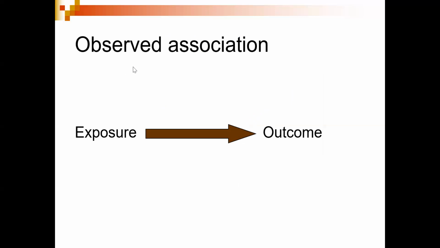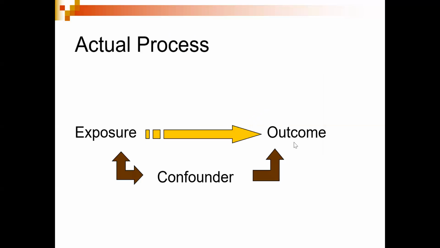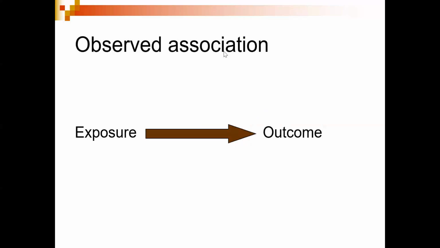So just repeating again this whole concept of confounding, we've got your exposure and your outcome. As I explained, if you go here, this is the observed association between exposure and outcome.